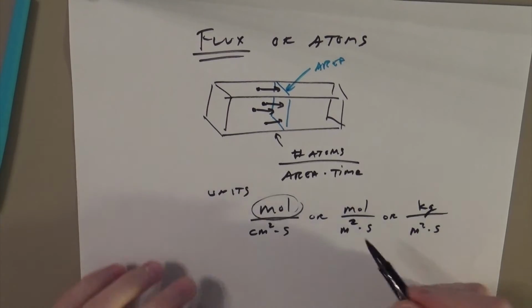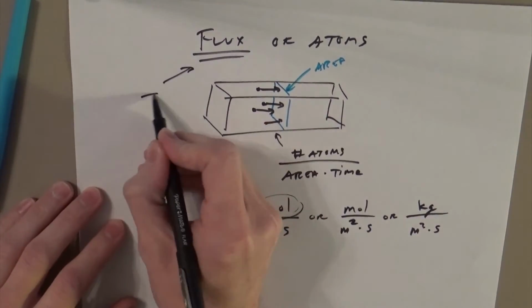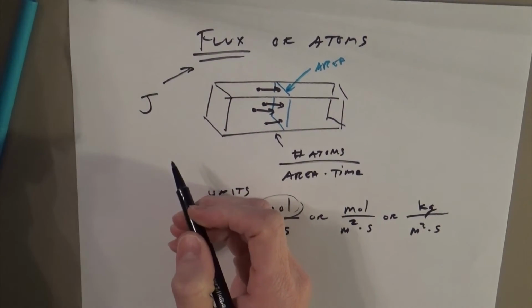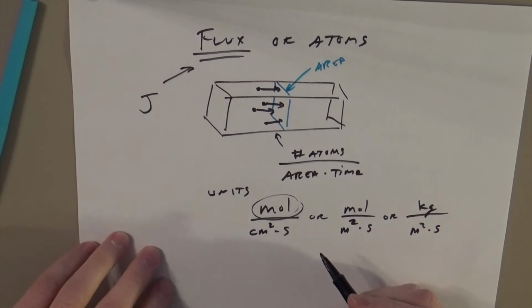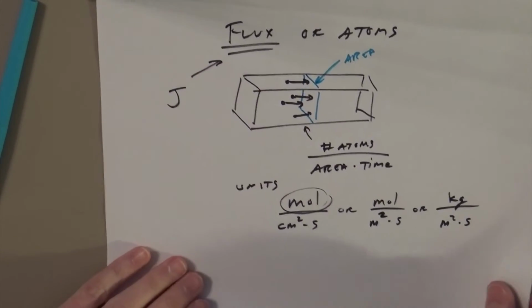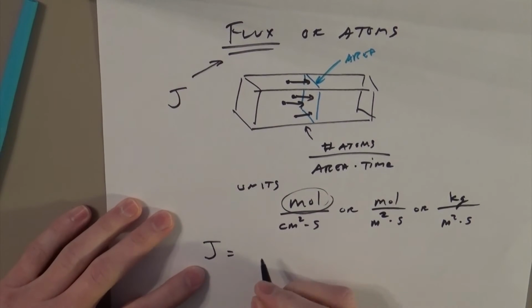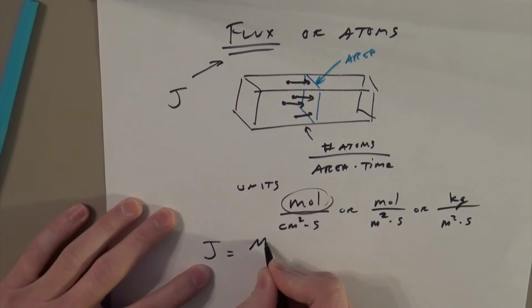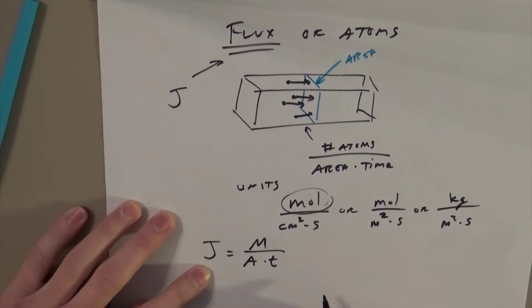We can take this flux, which we use the variable J to specify flux, and we can think about it in terms of a differential, since we have J is equal to mass by area time.